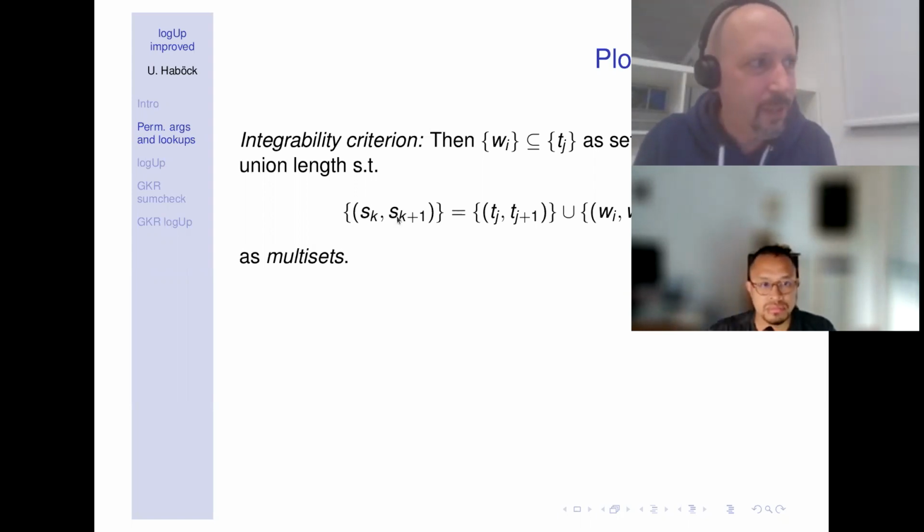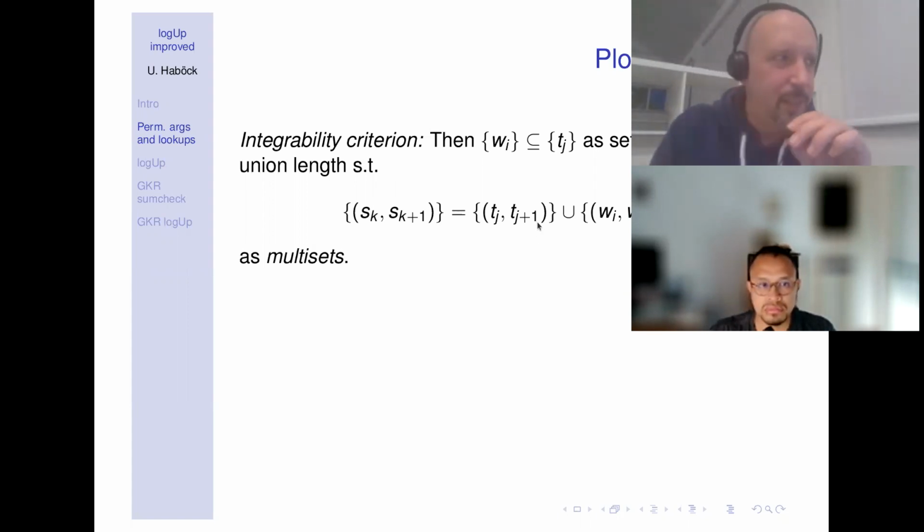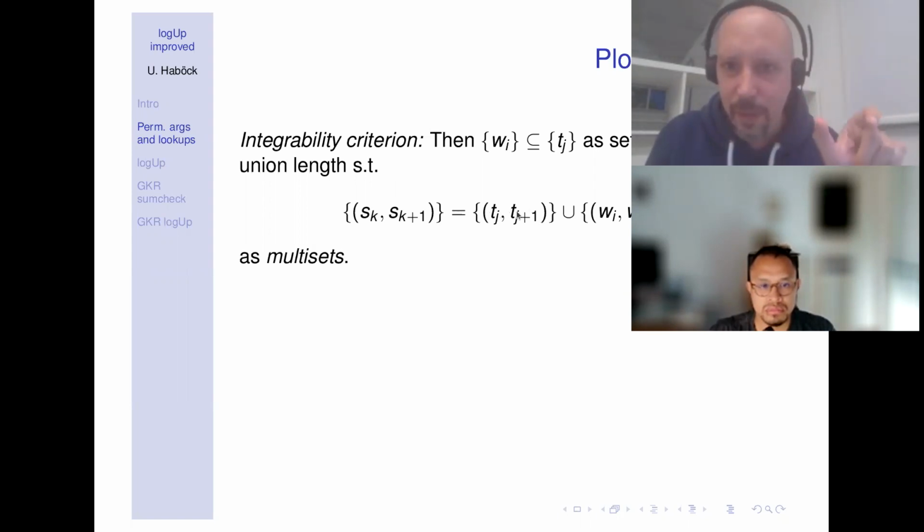That's why I call it the integrability criterion. So you name all the differences that occur from the table sequence itself.